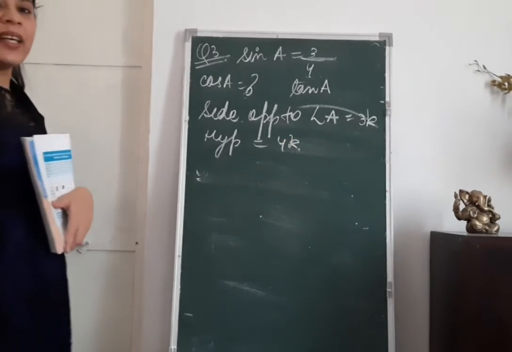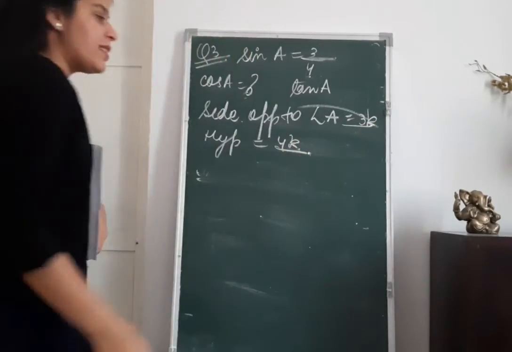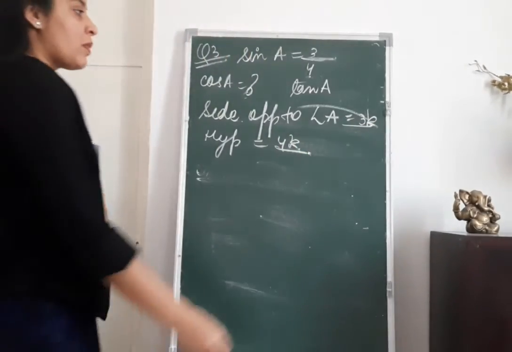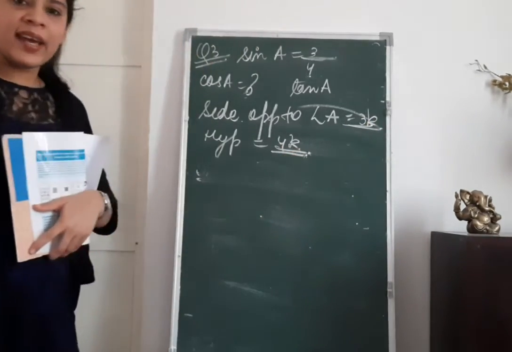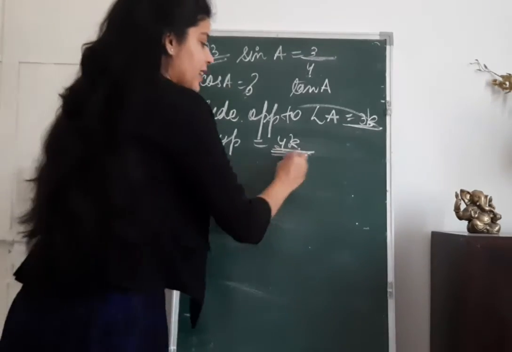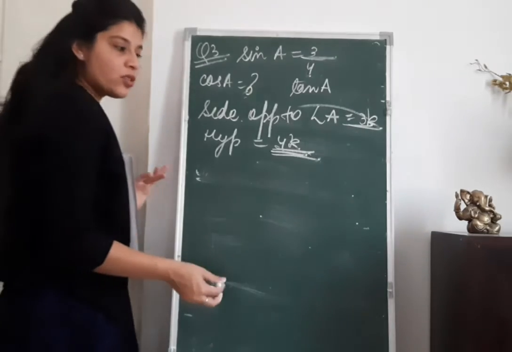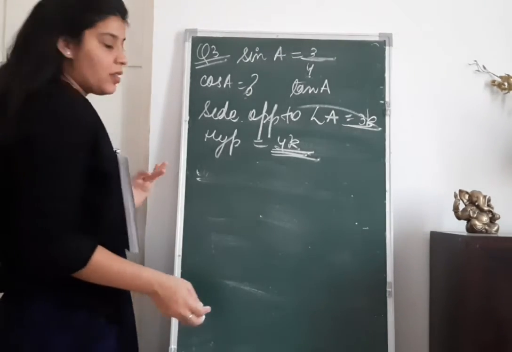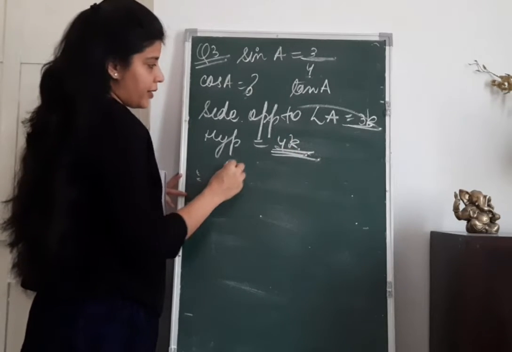So if I make a triangle, I already know the two sides for that triangle. One is 3k and the hypotenuse is 4k. So if I need to find out the remaining side of that triangle, can I find it using Pythagoras theorem? Right.